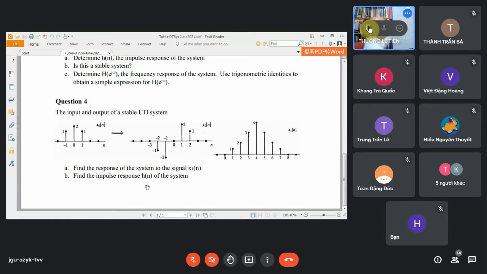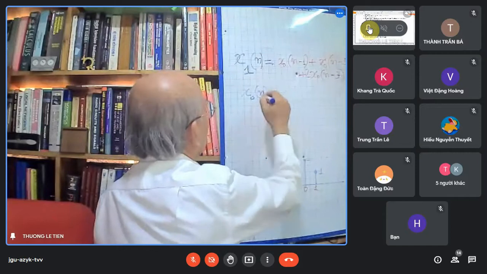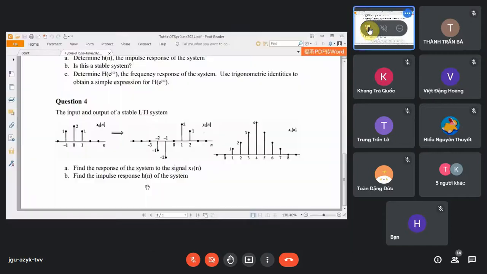When you have this function, now you write down in the vector form. What's the vector form of h0? What's the vector form?